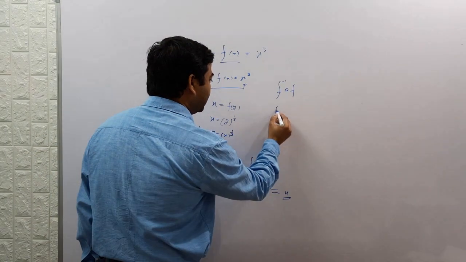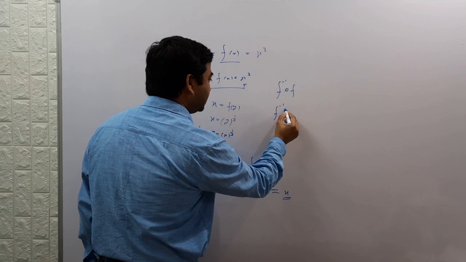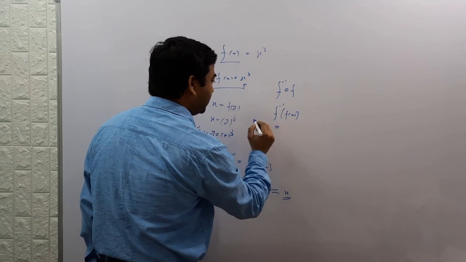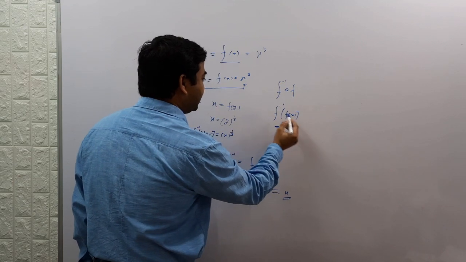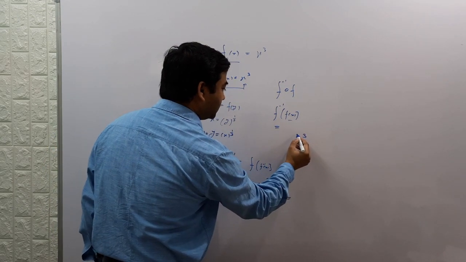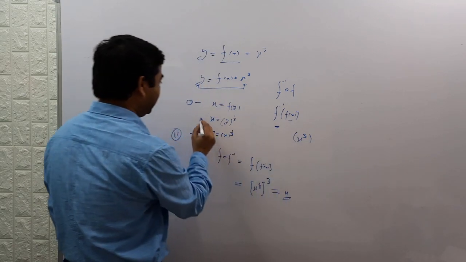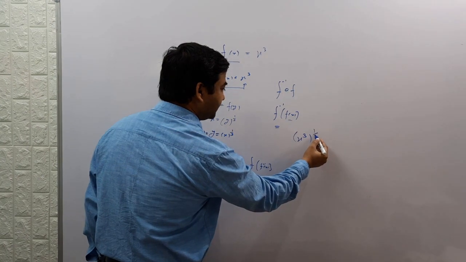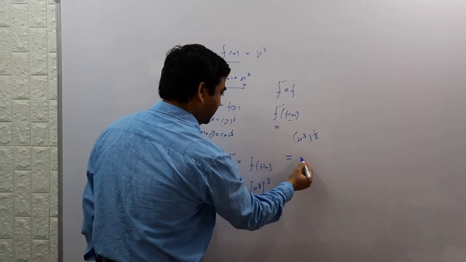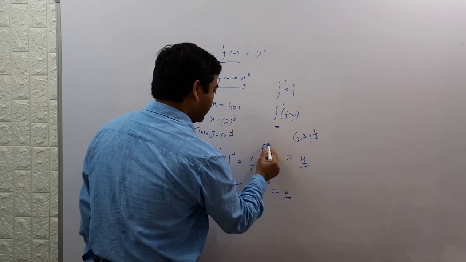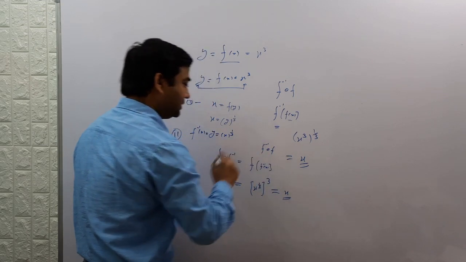So let us find f inverse of f. f(x) is x cube and f inverse x is x to the power 1 by 3, so f inverse of f is equal to x.